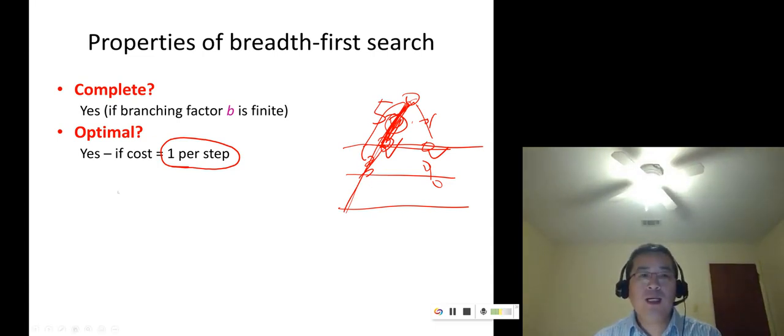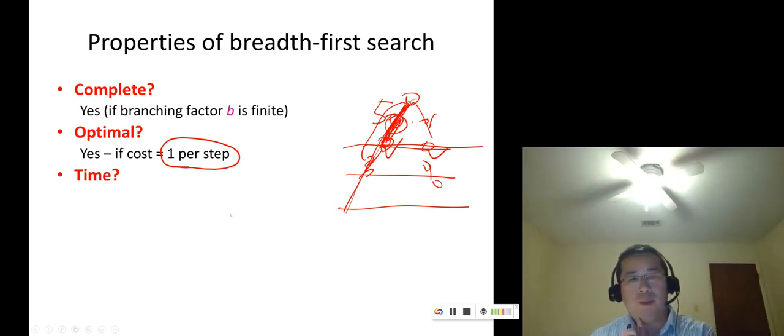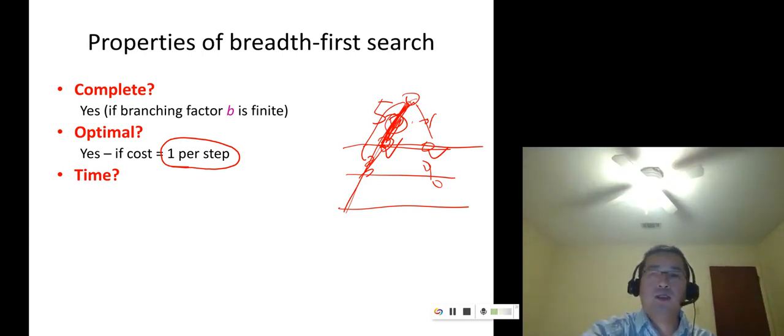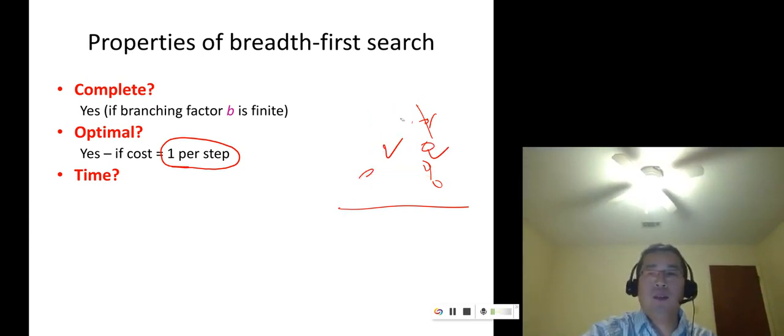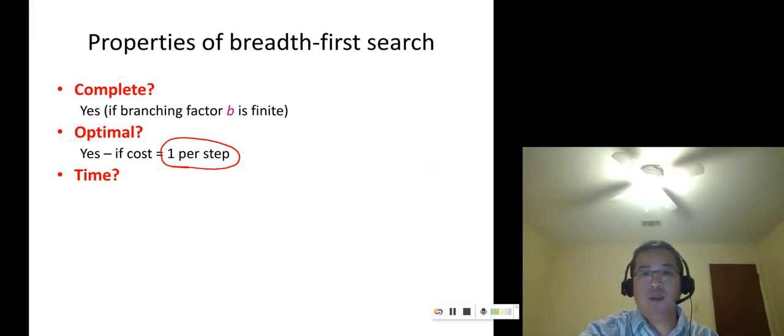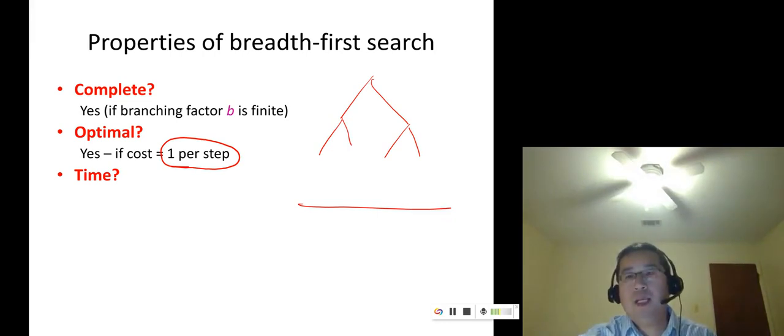Next one is the time. So we set the number of nodes which have been generated. We decide the time. You explore layer by layer, so we need to consider for the search tree how many nodes you have visited. So we already know the best answer.